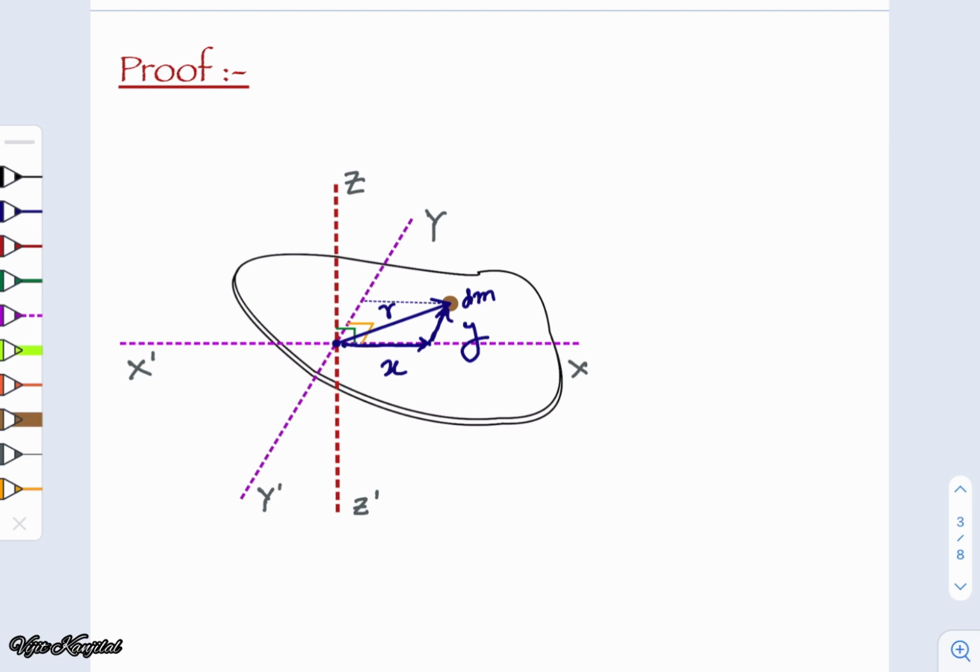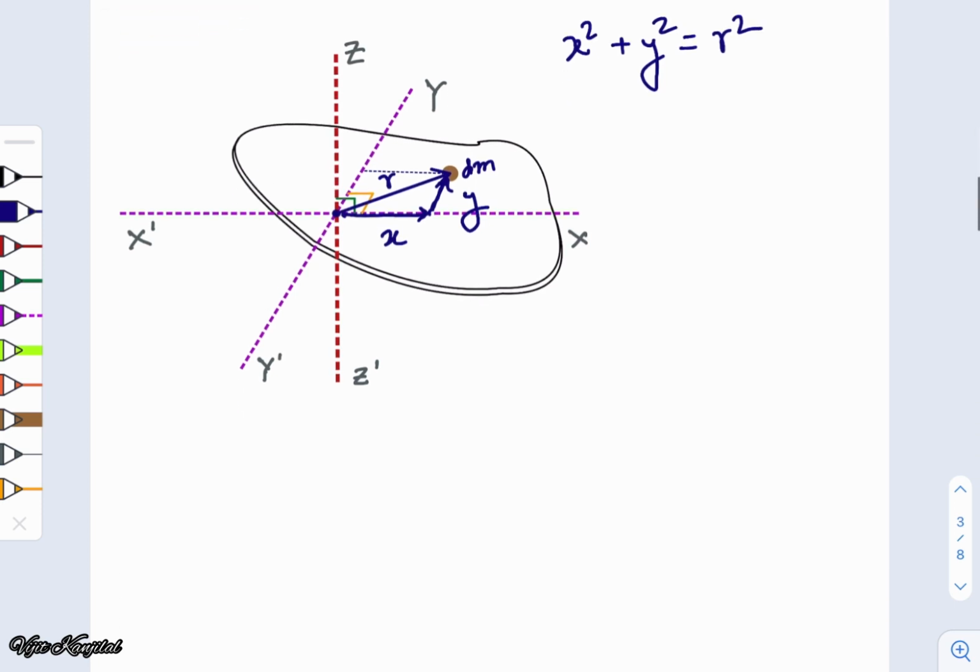Clearly these two axes x dash and y dash are mutually perpendicular, that is, this particular angle is 90 degrees. So by Pythagoras theorem we can simply write x square plus y square is equal to r square.